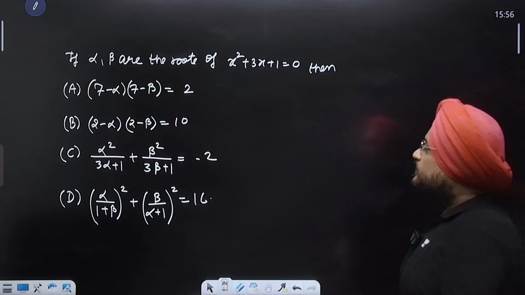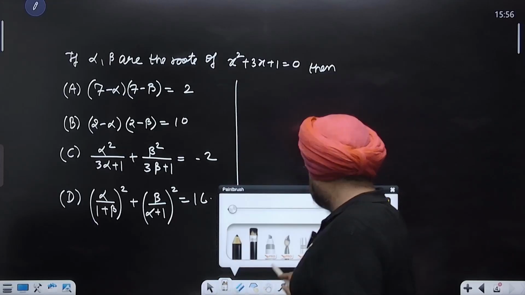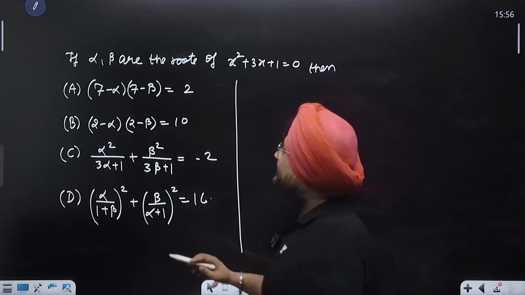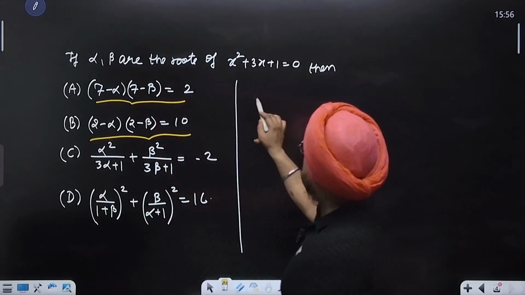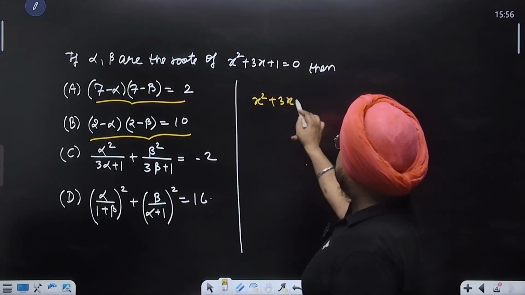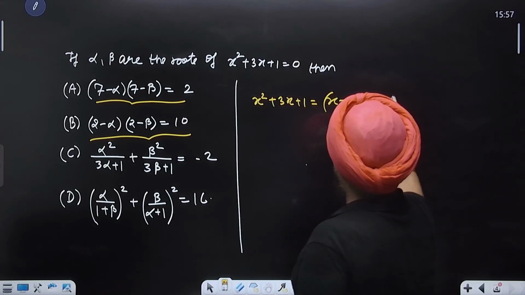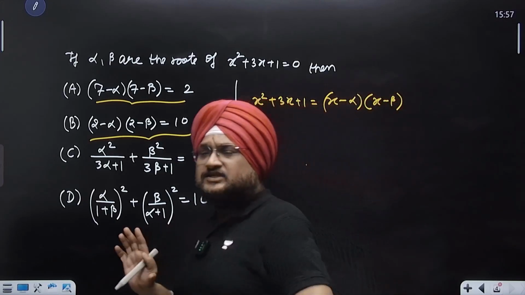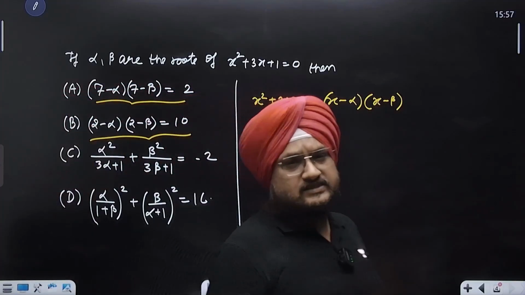Okay, so now we want to check out of these options which one is correct, or which one or more are correct. See, the first two options are very easy to check. If you remember, I have told you, if alpha and beta are the roots of x square plus 3x plus 1, then I can write this expression as x minus alpha, x minus beta. This has become an identity now. I can put any value of x in this expression.